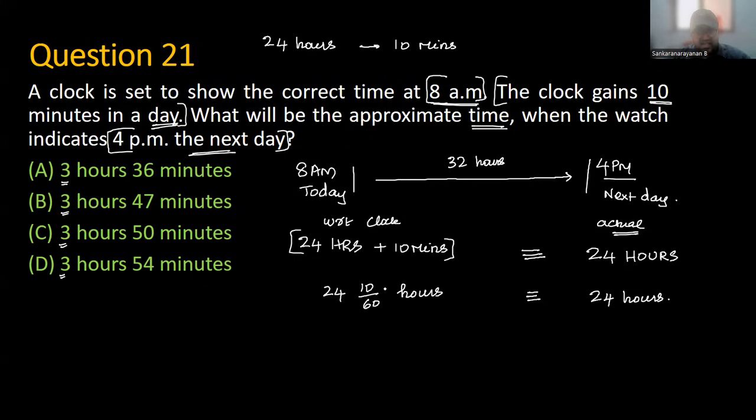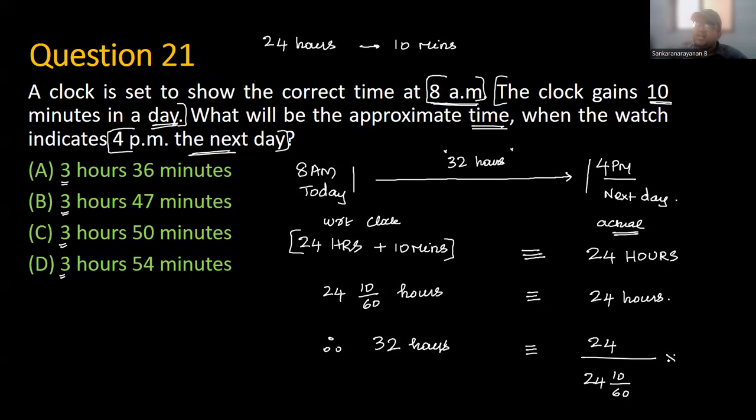I can deal with it in terms of hours. This much hours in the clock is equivalent to 24 hours in reality. Therefore, we are considering 32 hours with reference to this clock. In reality, how much is it? I can say it will be 24 upon 24 and 10 upon 60.